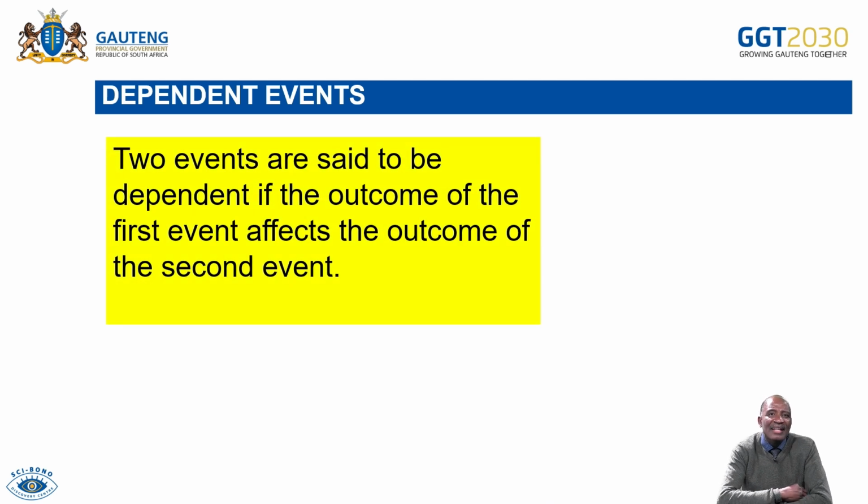Two events are said to be dependent if the outcome of the first event affects the outcome of the second event. If the outcome of the second event depends on the outcome of the first event. We have seen such situations before, wherein you are maybe conducting an experiment of some kind, or you are choosing items from a given selection.